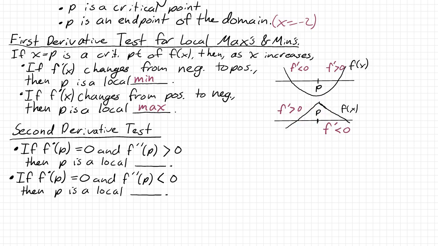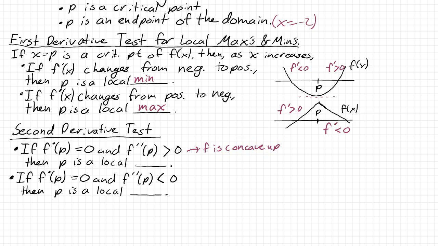Let's look at what this says. If f prime of p is 0, so that's not only a critical point, but it means f prime is defined, and it's flat there, smoothly flat, kind of like this first example here. And f double prime is greater than 0. Let's think, what does that mean? That means the original function f is concave up.